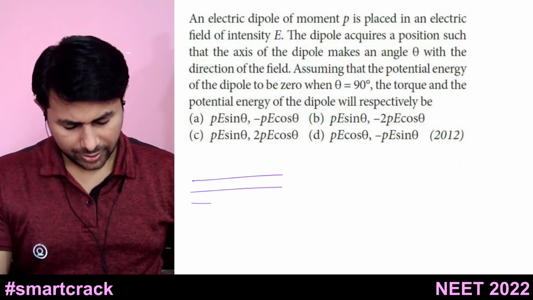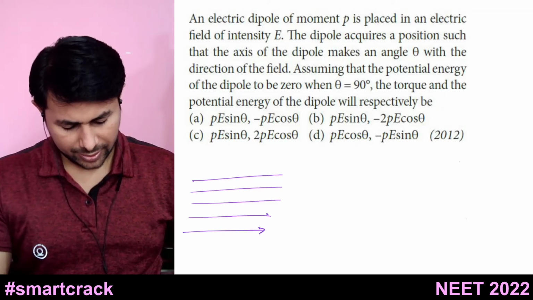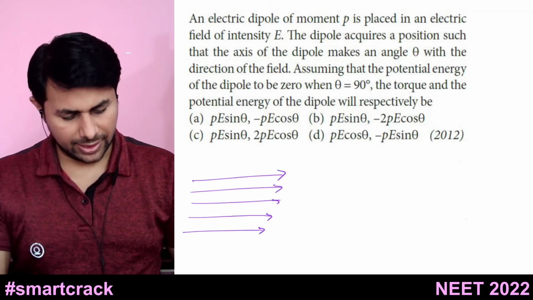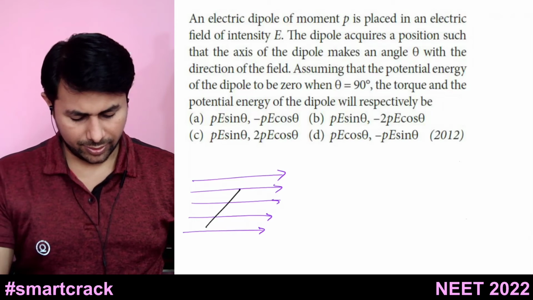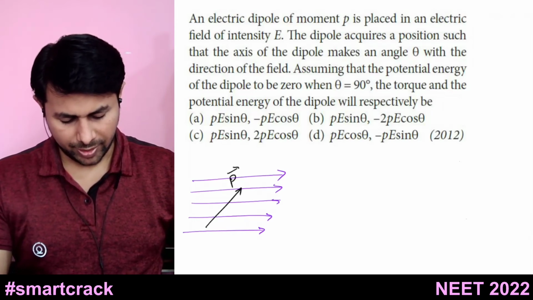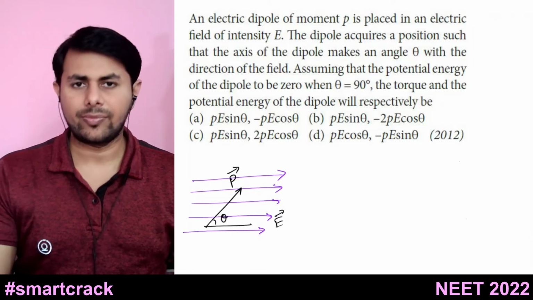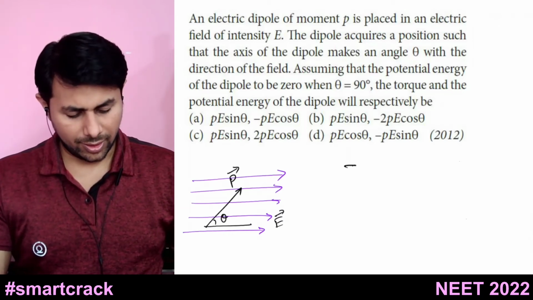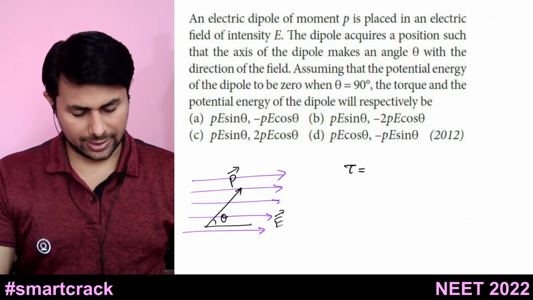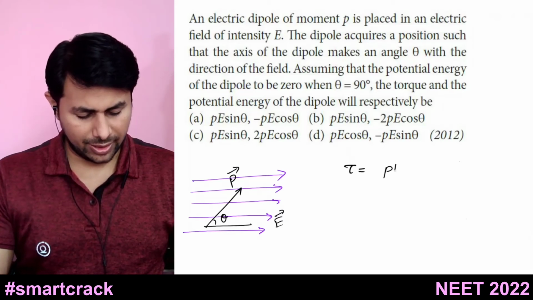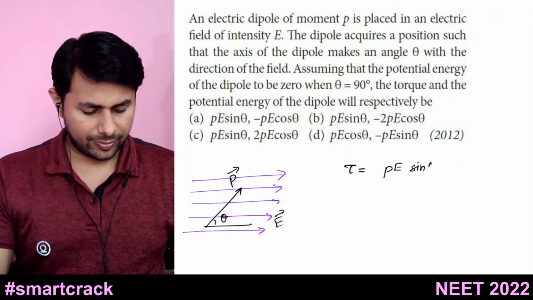So what is the torque acting on a dipole placed in an electric field? Suppose this is the dipole P bar, this is the electric field, and the angle between them is theta. Then we know the torque acting on the dipole is given by Pe sine theta.